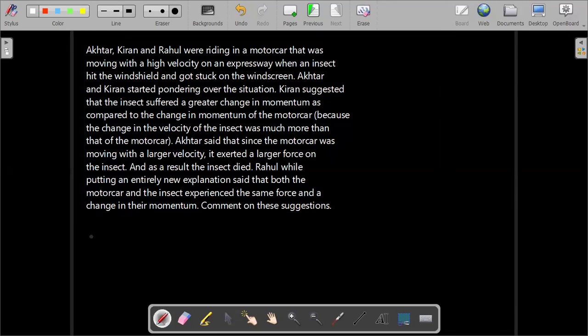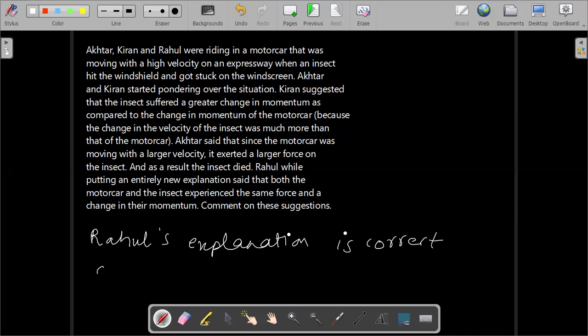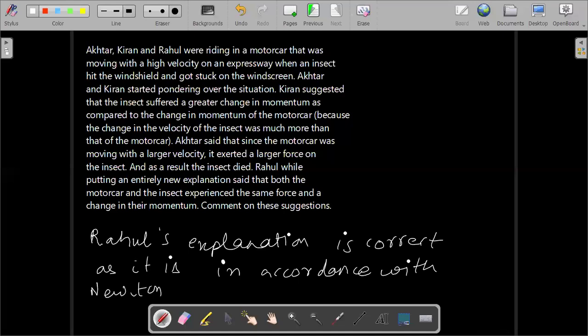The answer is Rahul's explanation is correct, as it is in accordance with Newton's third law of motion.